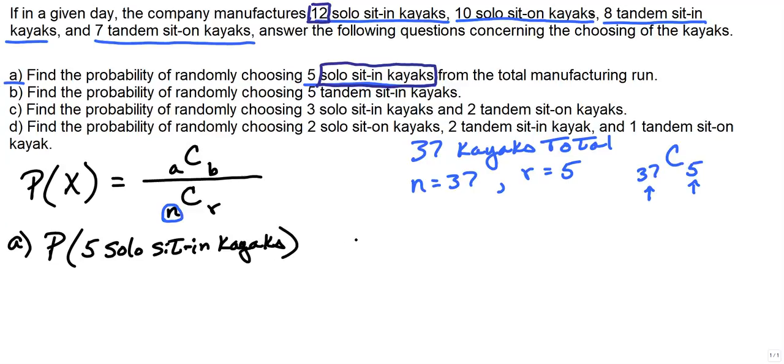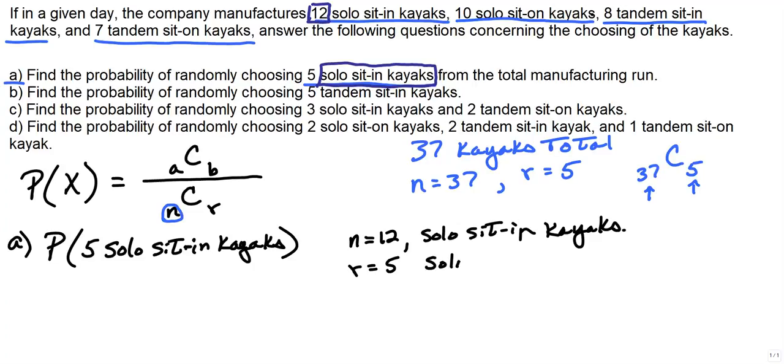Which means that for the 5 solo sit-in kayaks, we know that N is equal to 12. That's going to be the solo sit-in kayaks. And we are going to choose 5 of those solo sit-in kayaks.